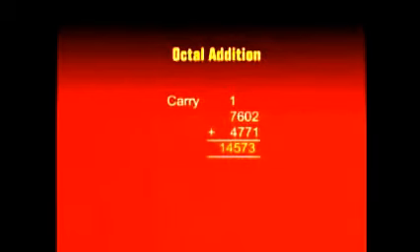Let us now consider octal addition. Consider the addition of octal numbers 7602 and 4771. The two octal numbers are added by first adding the two least significant octal digits 2 and 1. The sum of the two octal digits is 3. The next two octal digits 0 and 7 are added and the result is 7. The octal digits 6 and 7 are added next.